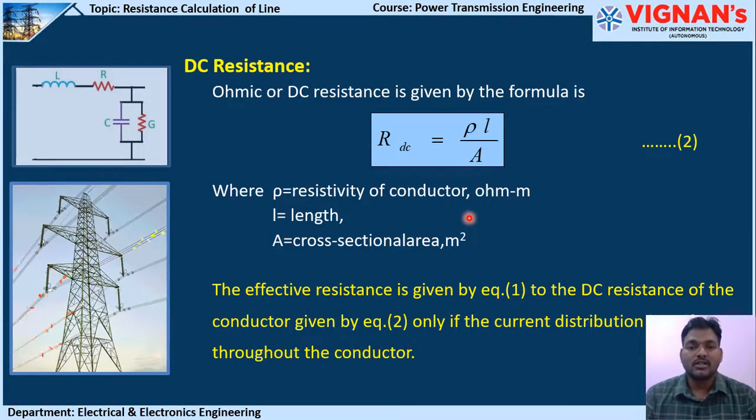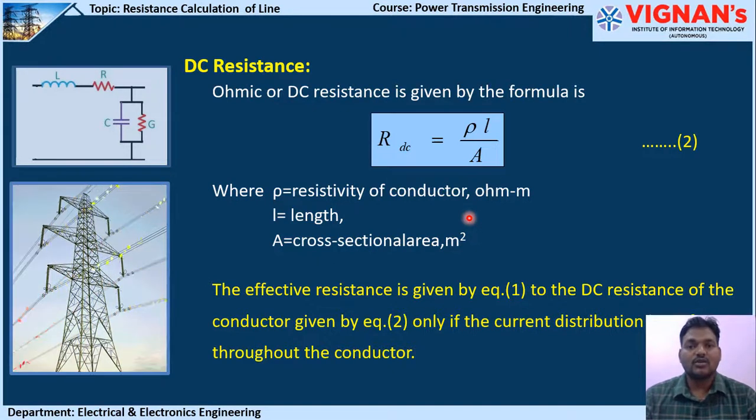Now we have studied the AC resistance and DC resistance. What is the significance of AC resistance and DC resistance? Which one is more? Why is AC resistance more? Let us see. Whenever AC current is flowing through the transmission line, AC current has frequency. The conductor will not have uniform impedance throughout its cross section.